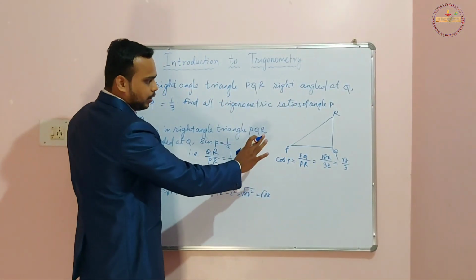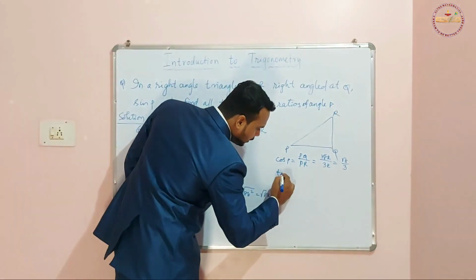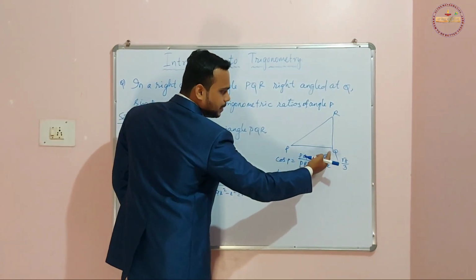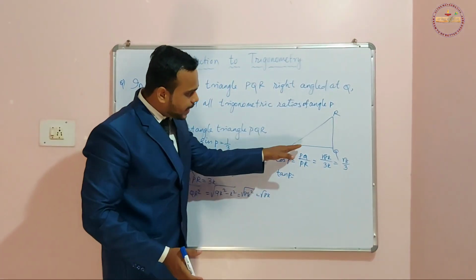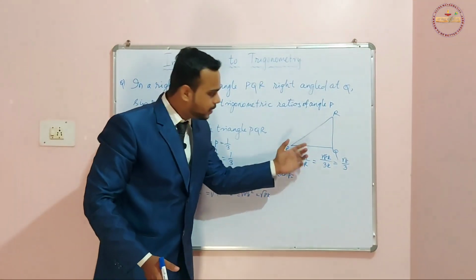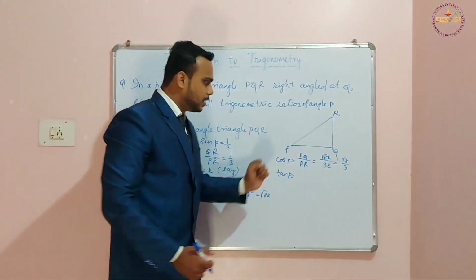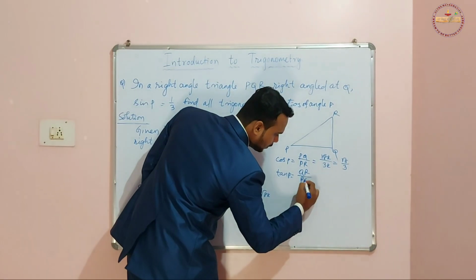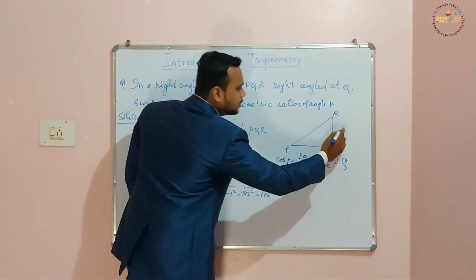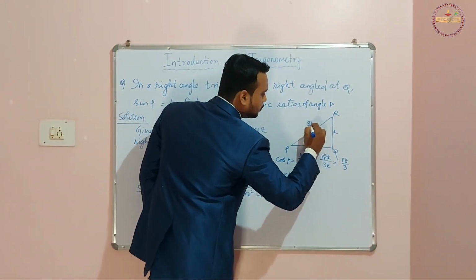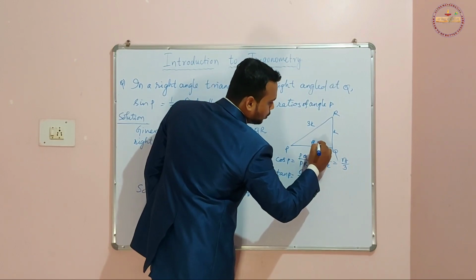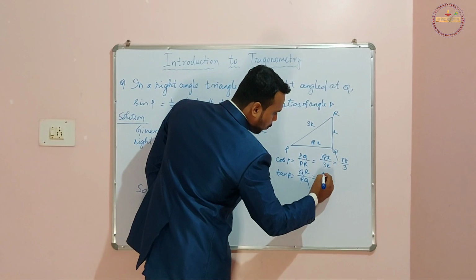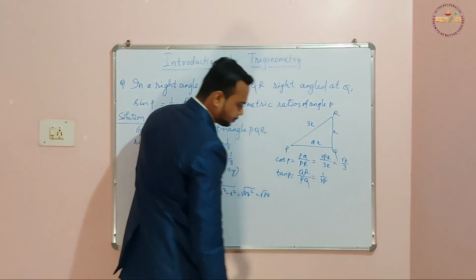After that, tan P is QR divided by PQ, because tan P is the side opposite to P divided by the side adjacent to P. QR is k and PQ is root 8 k. So tan P is 1 by root 8.